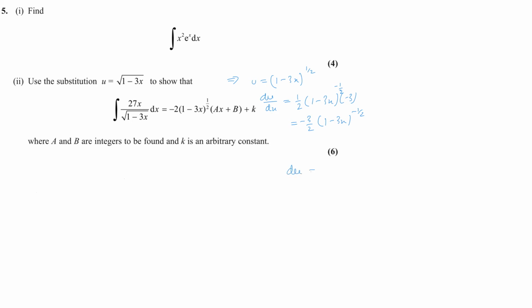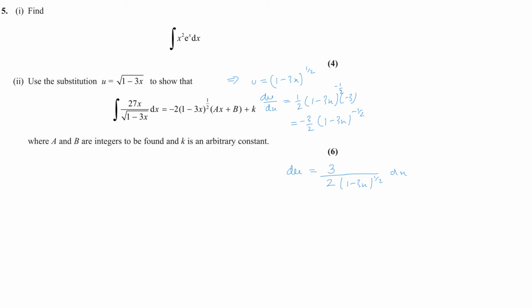So that means that du equals 3 over 2 times, well, 1 minus 3x to the half on the bottom dx. So that's a lot like what we've got here, isn't it?